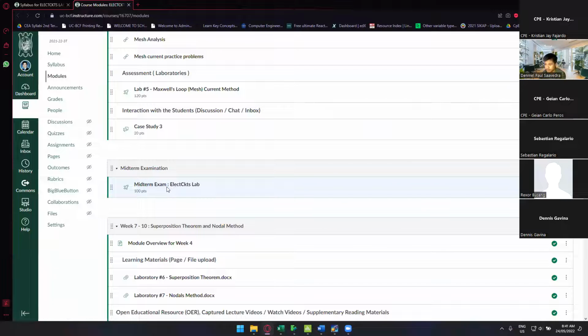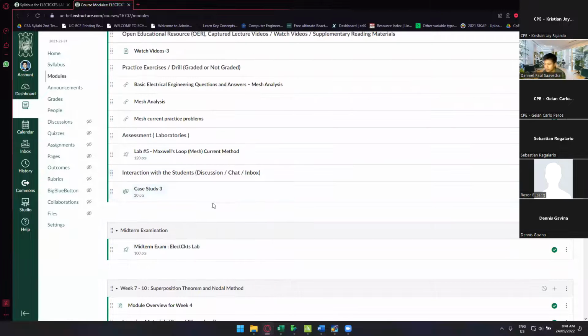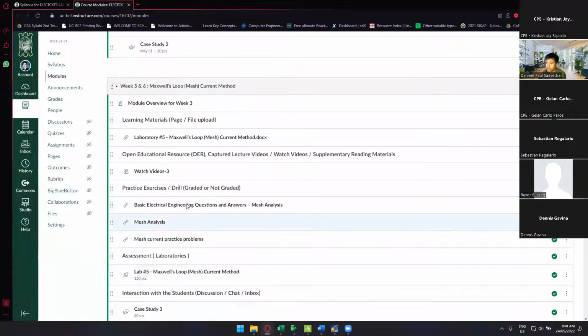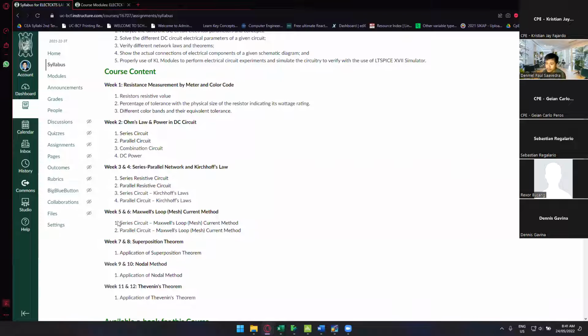Your midterm exam is on June 21, so we still have less than a month from now. For the finals, we have again the Maxwell loop, the superposition theorem, the nodal method, and then the Thevenin's theorem.